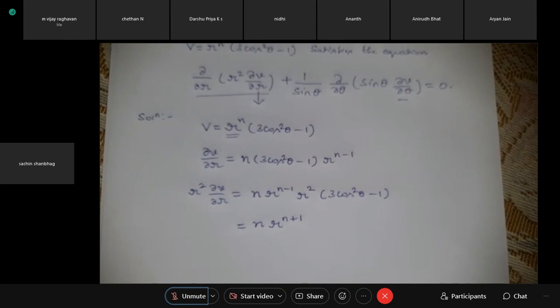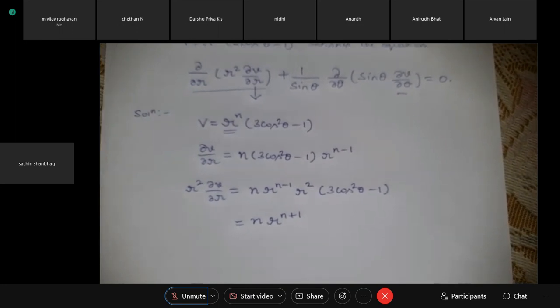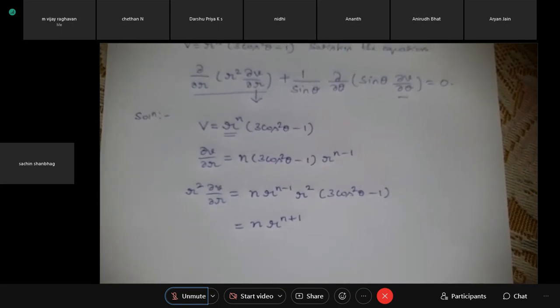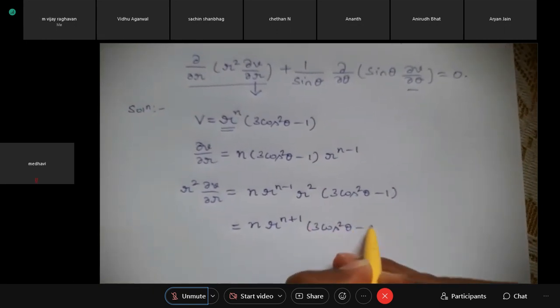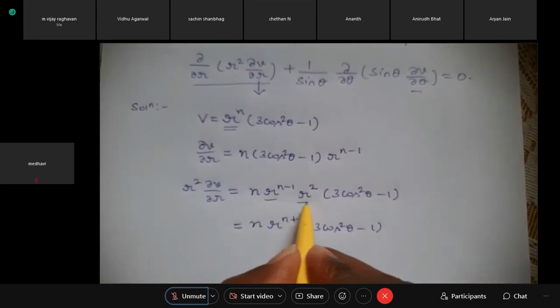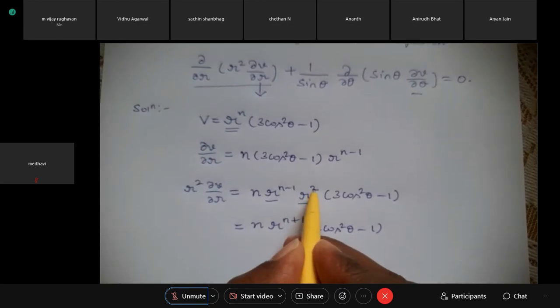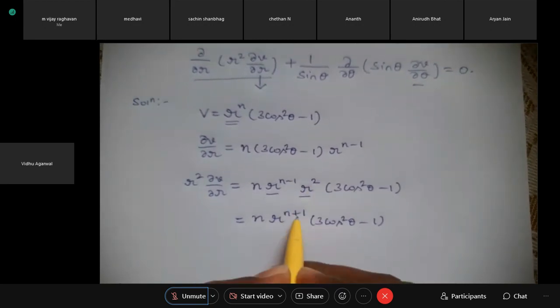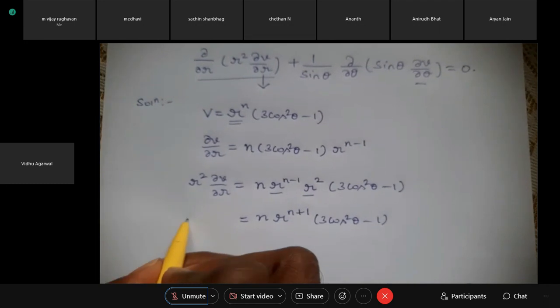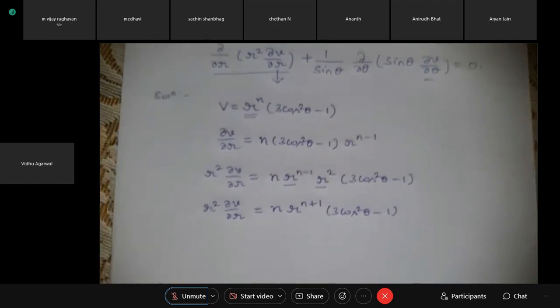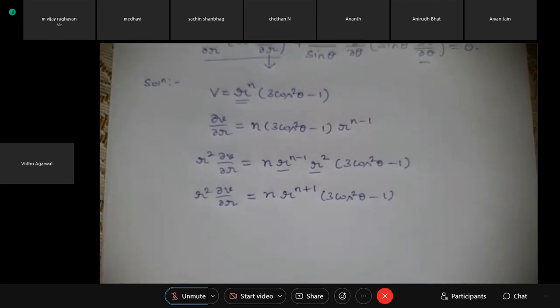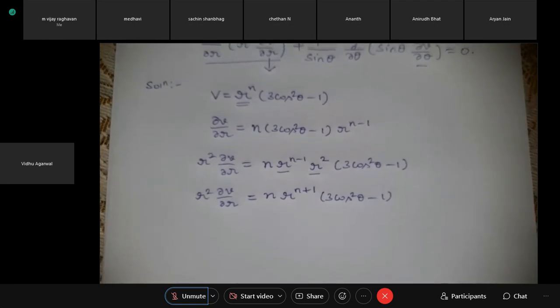Yes, by the law of indices, minus 1 plus 2 will become plus 1. So that is r square into dou v by dou r. Good? Yes, sir.